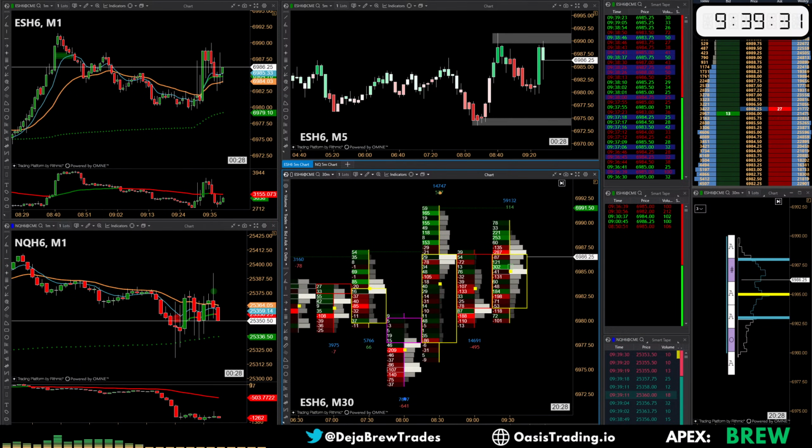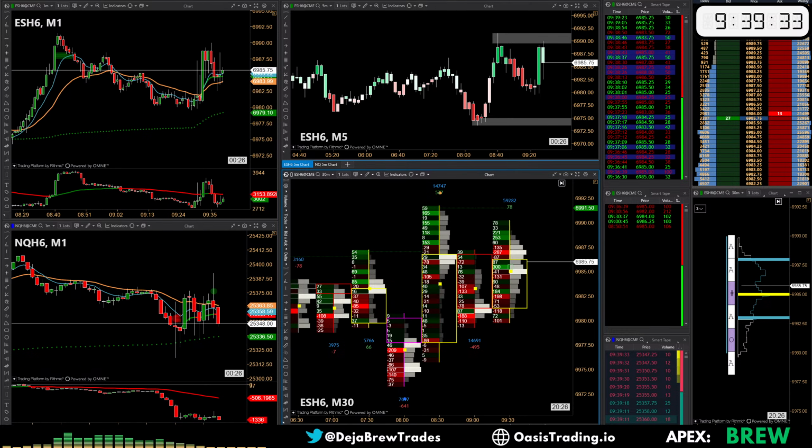Liquidity is about the same as what we've been seeing. It's around that 30 per tick, which is still kind of low, but it's becoming normal now, unfortunately.